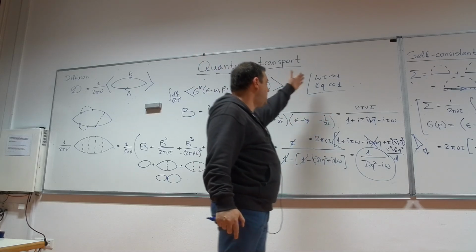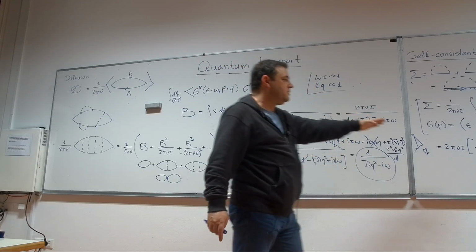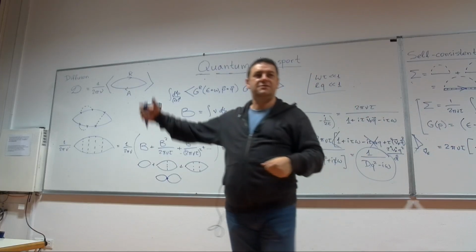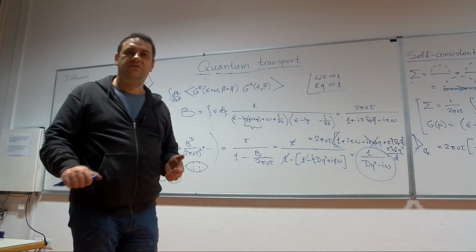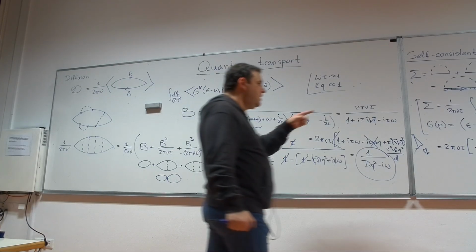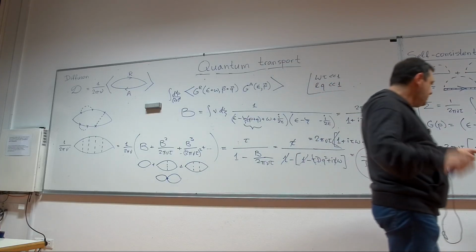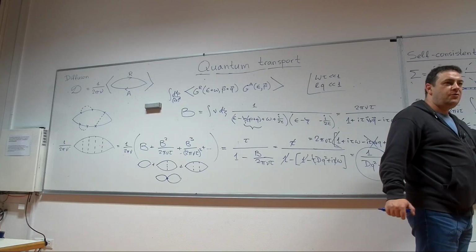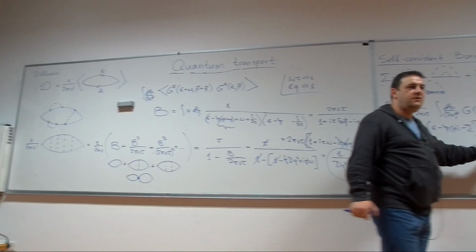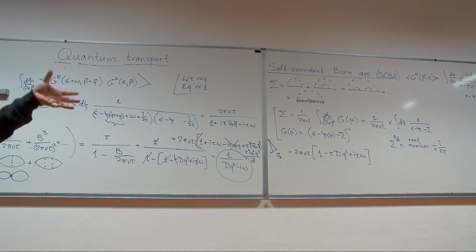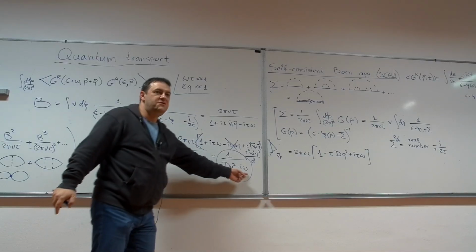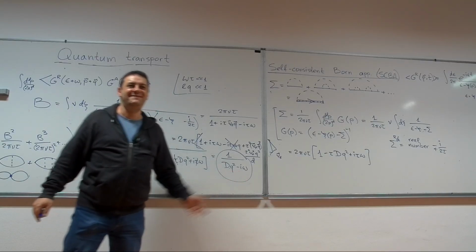That's why this should be small, and we can do this expansion, and only in that limit we recover the classical diffusion equation. And to your question, Dq squared is of the same order as omega. They are both small, they are of the same order, exactly because in the diffusion pole we have the difference of them.